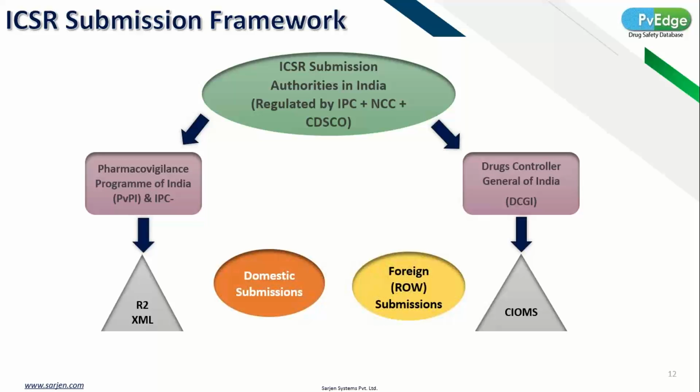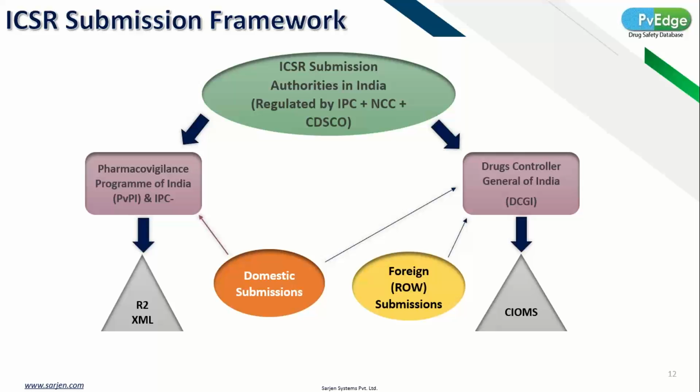So whenever you go ahead with domestic submissions, PvPI is responsible for overall domestic submissions in the form of R2 XML. Whenever you are processing any case for India submissions in your database, you have to generate 2 types of reports: one is your R2 XML, and second is your CIOMS. Both reports are acceptable by these 2 authorities, PvPI and the DCGI, Drug Controller General of India.